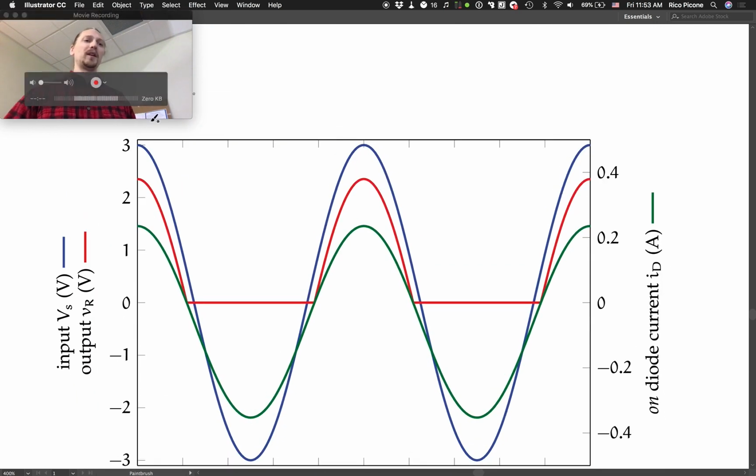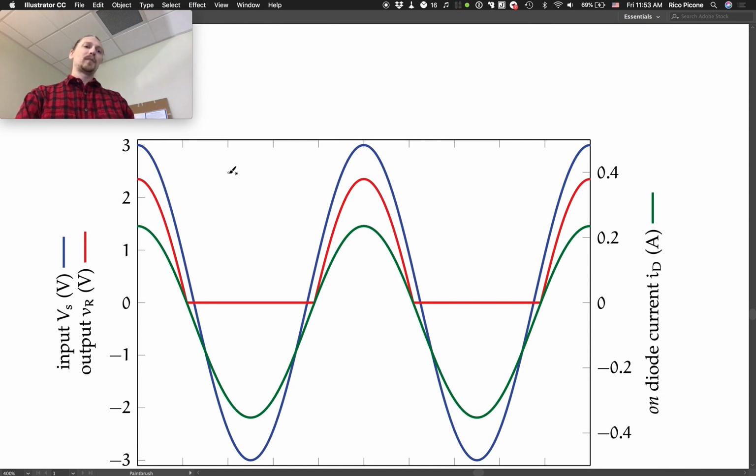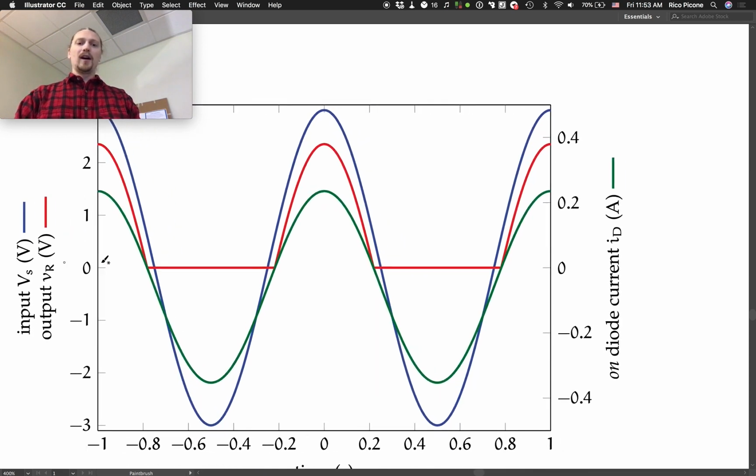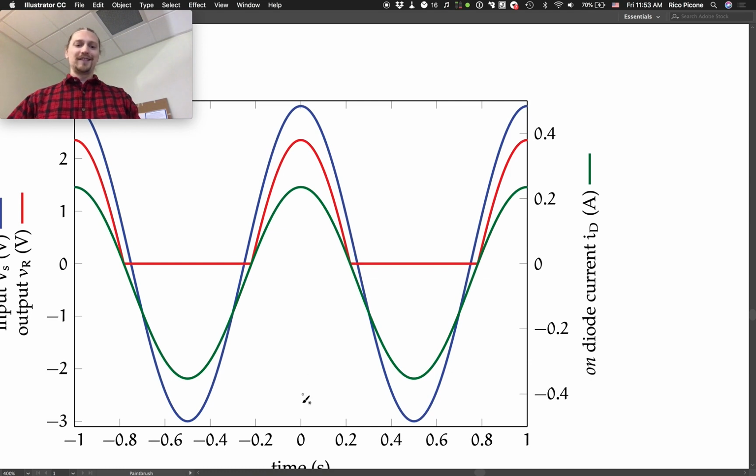Let's look at the graph and see what happens. The input is the blue line, Vs, and the output is VR. The red line is what we just solved for. Actually, this is time equals 0 on this graph, so we just solved for this interval, right?